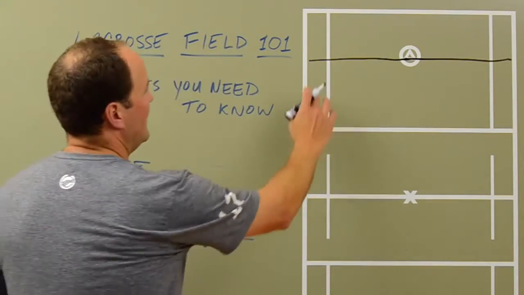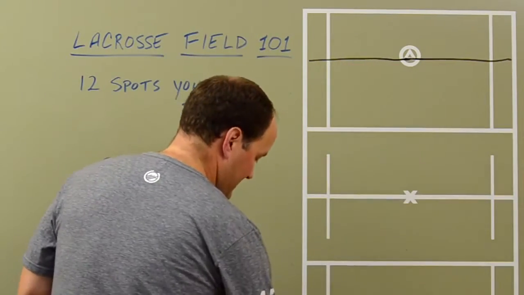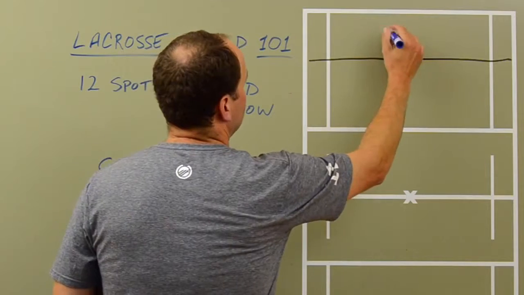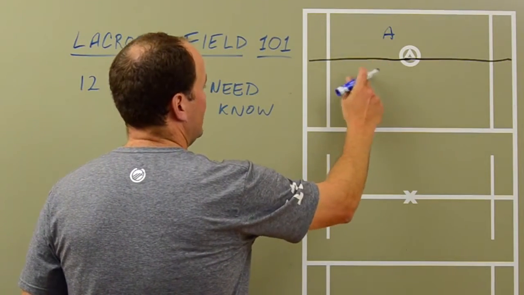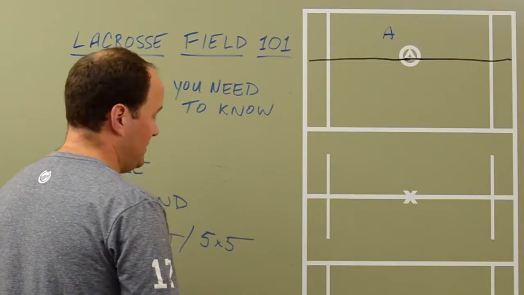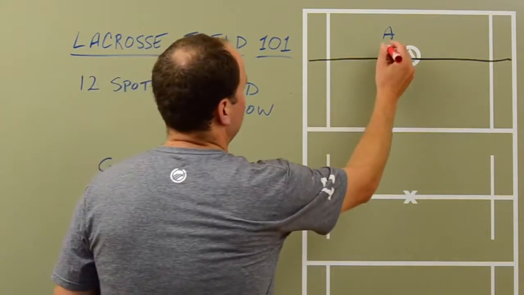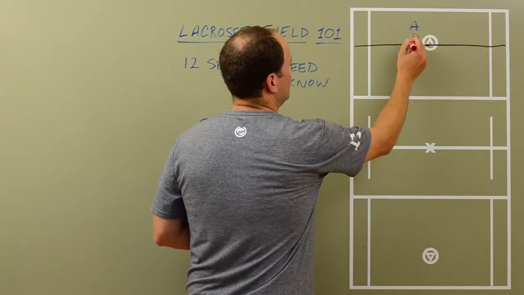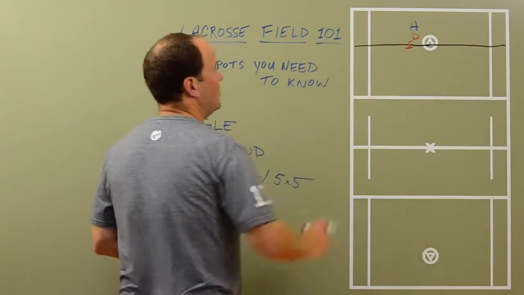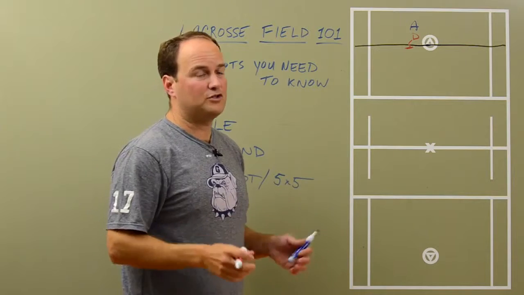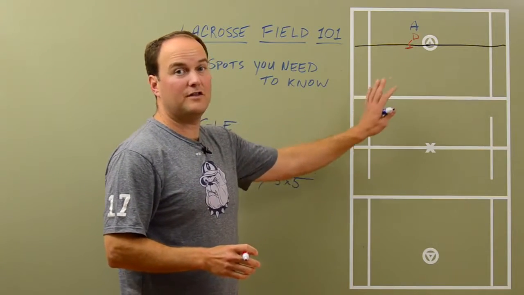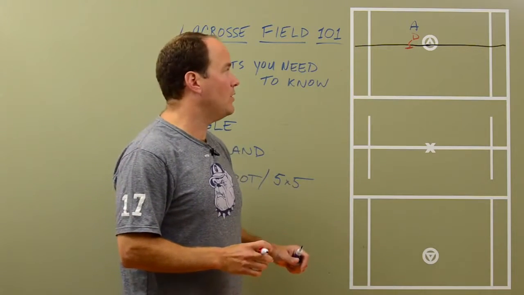Okay, so goal line extended is important for a lot of reasons. Attackmen use it to judge where they are on the field. Once they get to the goal line extended, they know there are different things that they can do. Defensemen use it because once they get into this area to the goal line extended, they'll hear their goalkeeper call drive or push, or they'll have some terminology that they use to push the attackman away from the goal.